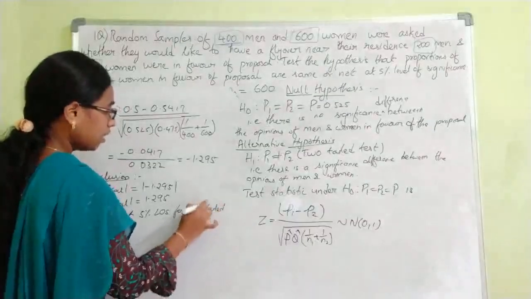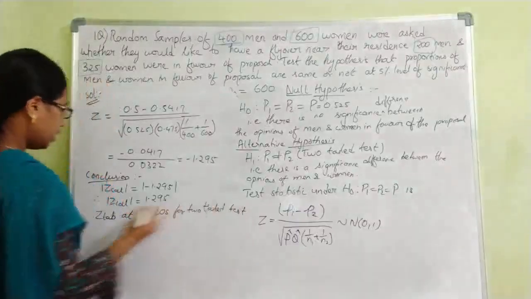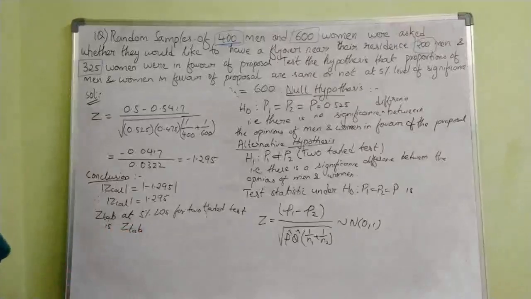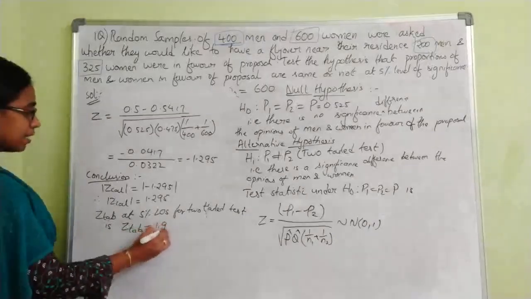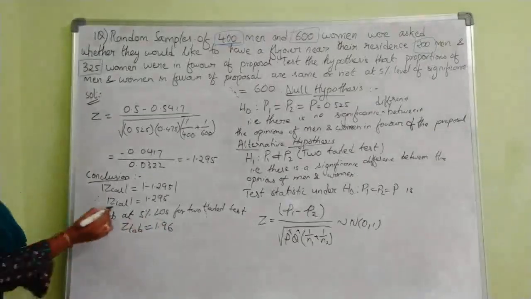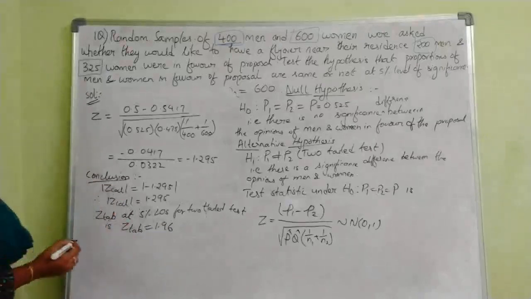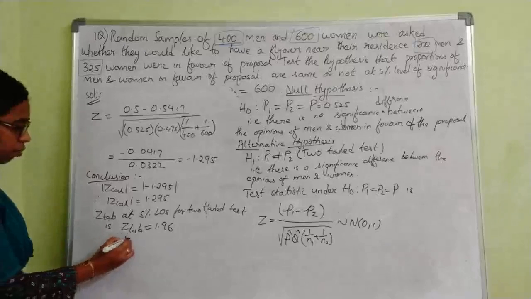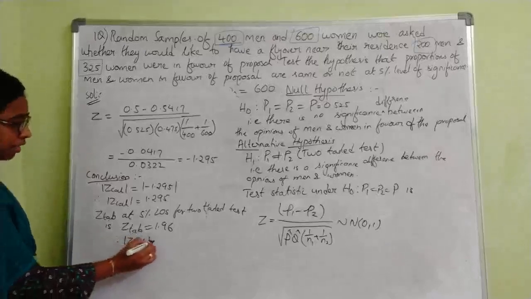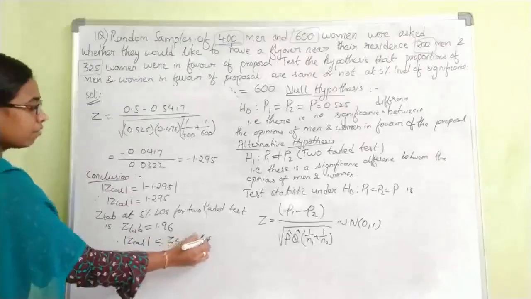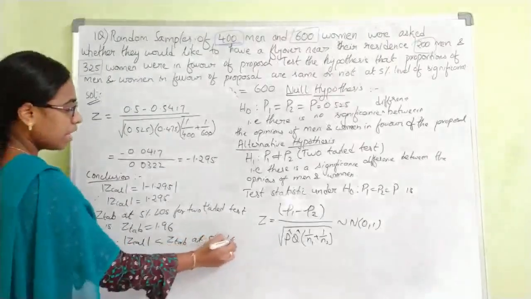For a two-tailed test at 5% level of significance, the table value is 1.96. So if you observe, the calculated value is 1.295, the table value is 1.96. So therefore mod Z calculated is less than Z tab at alpha, that is 5% level of significance.